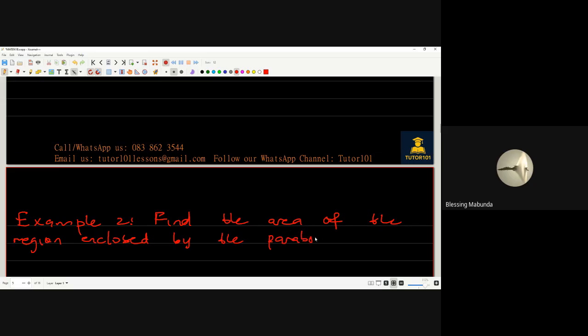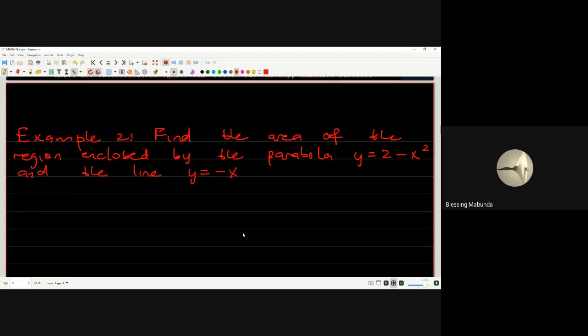The parabola is given by y is equal to 2 minus x squared, and the line y is equal to minus x. So we're not given any left or right bounds, right? We're only told to find the area of the region enclosed by the parabola y is equal to 2 minus x squared and the line y is equal to minus x.